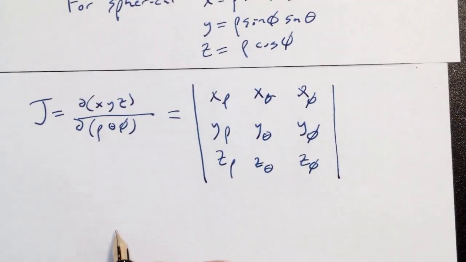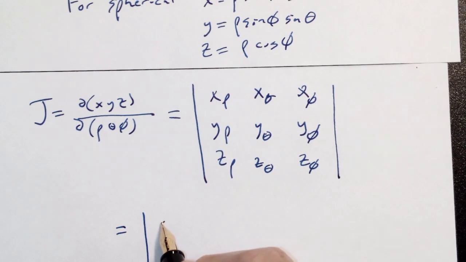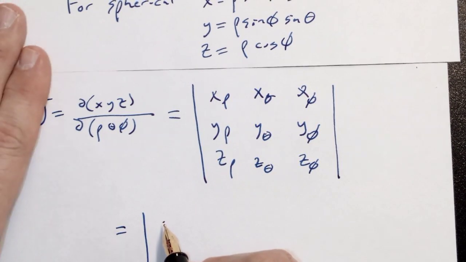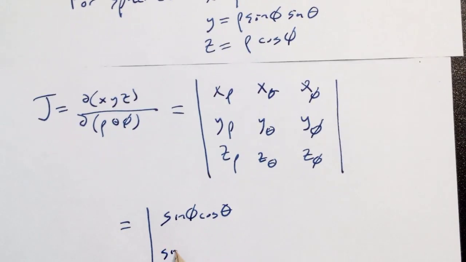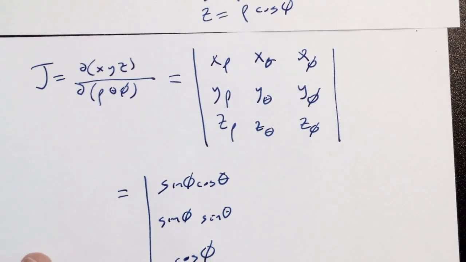So what is x rho? And the derivative of y with respect to rho is sine phi sine theta. And the derivative of z with respect to rho is cosine phi. Now I got to do my derivatives in theta. X theta.